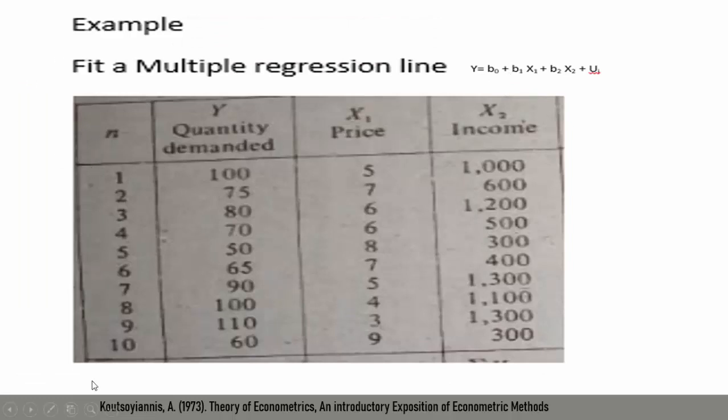These are the values of n, the number of observations, 1 to 10. These are the observations of the quantity demanded, denoted by y. These are the observations of x1, which shows price. These are the observations of x2, which shows income. So you have been asked to fit the multiple regression line.